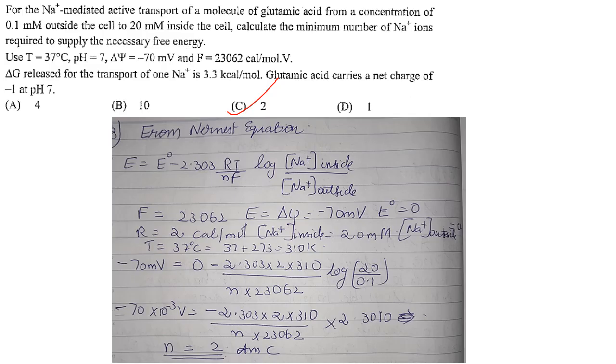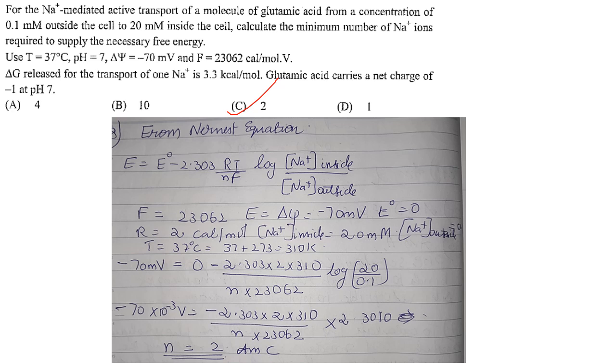Then next one. For the Na+ mediated active transport of a molecule of glutamic acid from a concentration of 0.1 millimolar outside the cell to 20 millimolar inside the cell, calculate the minimum number of Na+ ions required to supply the necessary free energy.